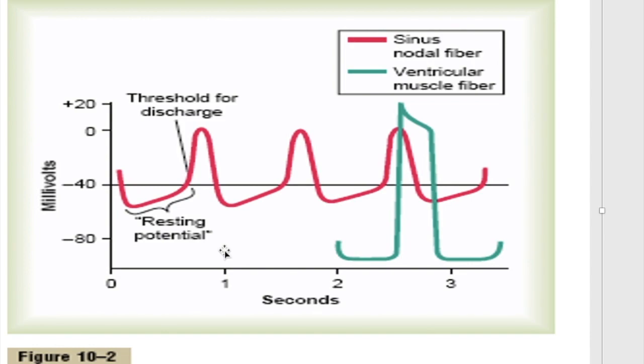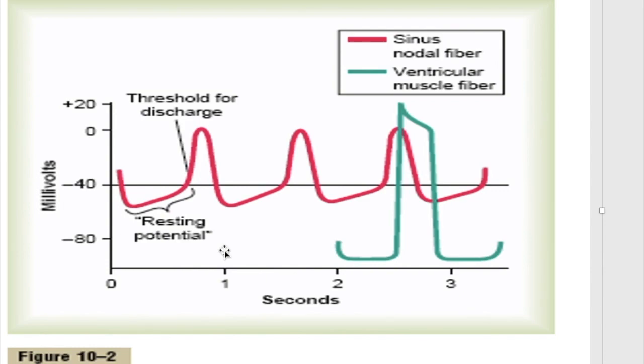Now keep in mind that the nodal cells are slow conducting because they lack the phase 0 sodium current, leaving the calcium ions current to drive the upstroke of the action potential.